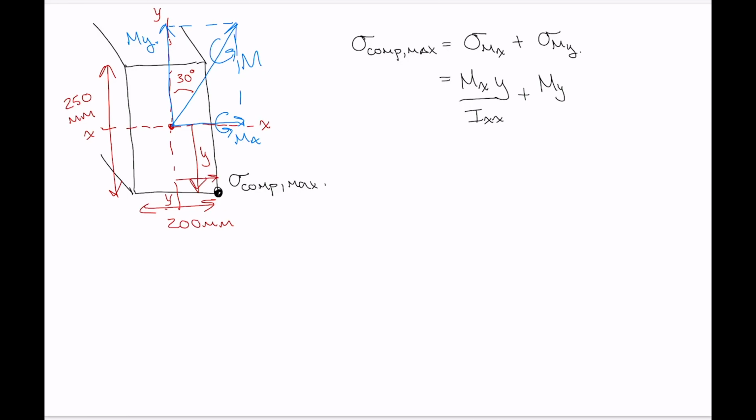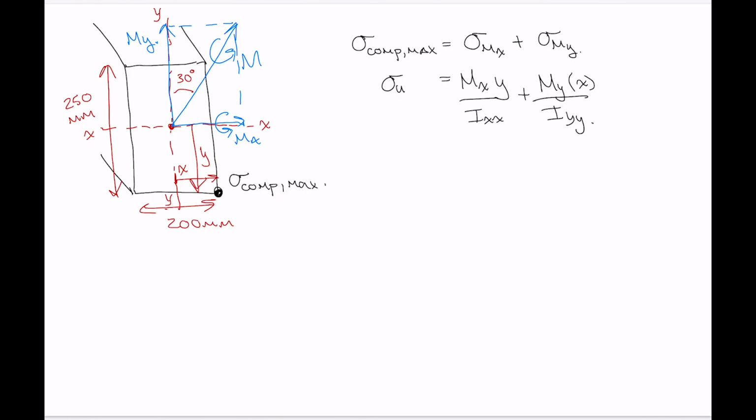Call that distance x, so multiplied by x here and divided by Iyy. And then we're setting this all equal to the ultimate strength for the wood. All right, so let's put in some numbers here, and then we can just calculate what the answer is.